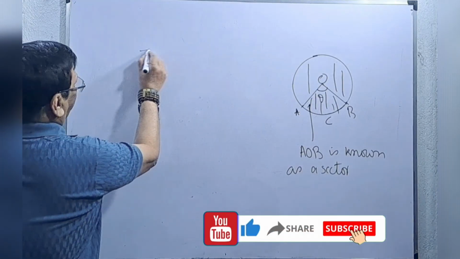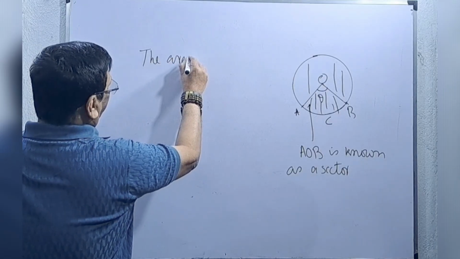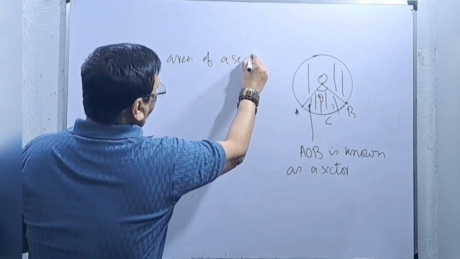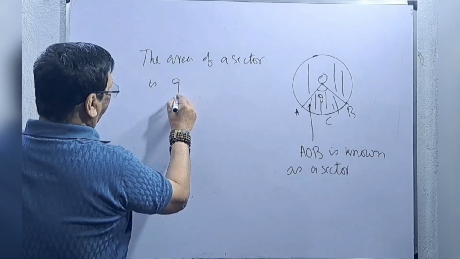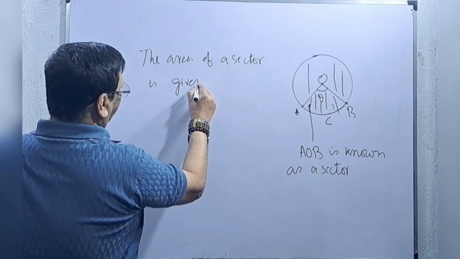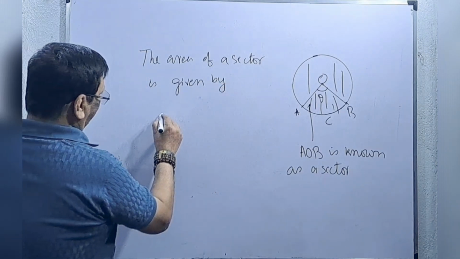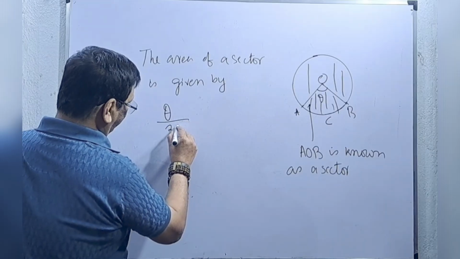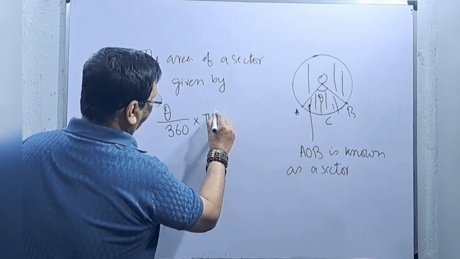So the area of a sector is given by theta by 360 times pi r square.